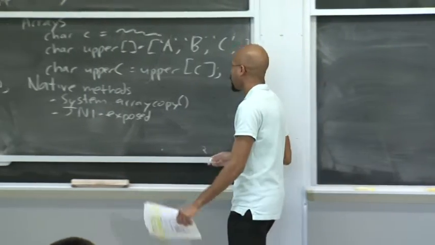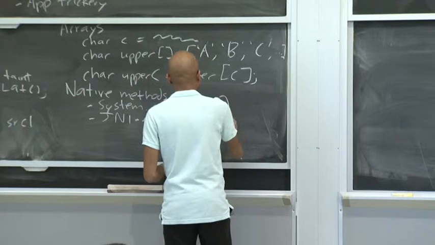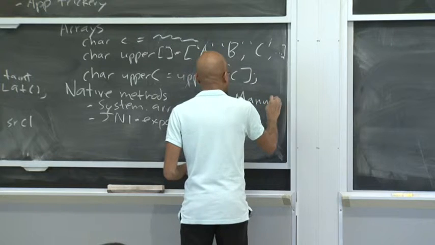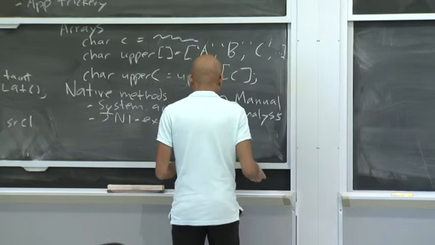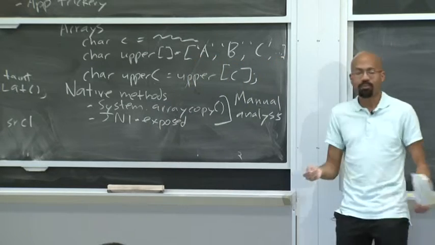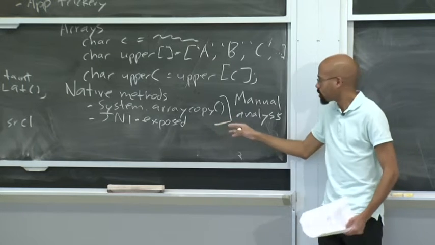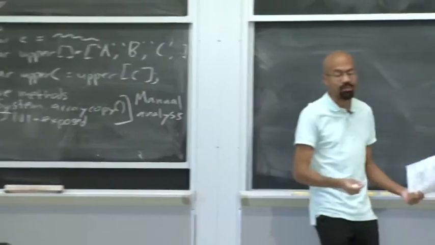And so the way that the authors solve this issue is they essentially resort to manual analysis. They basically say, well, there are not a whole lot of these types of methods here, right? For example, the Dalvik VM only exposes a certain number of functions like System.arraycopy.